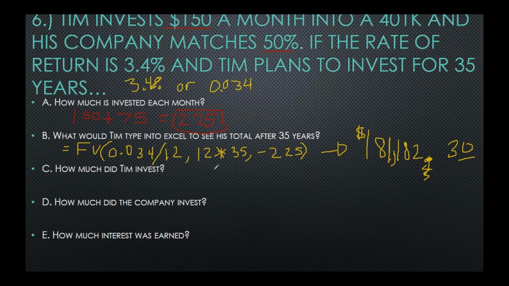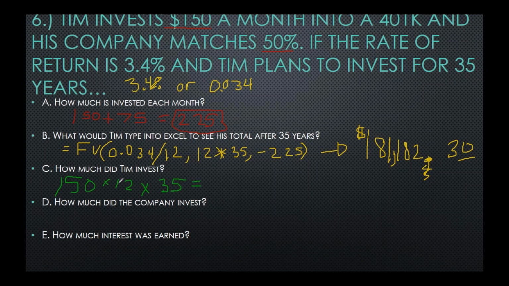Tim is giving $150 a month for 35 years. So he gives $150 a month times 12 months every year, for 35 years. This is how much he gives towards his retirement.